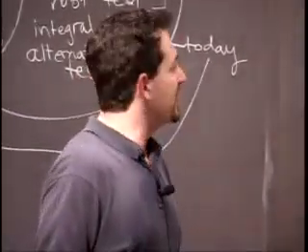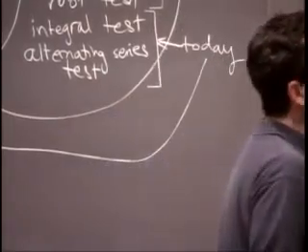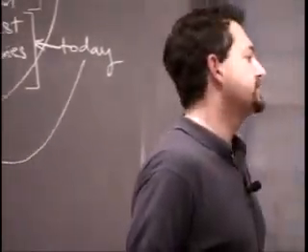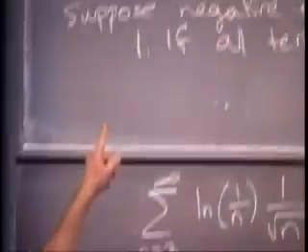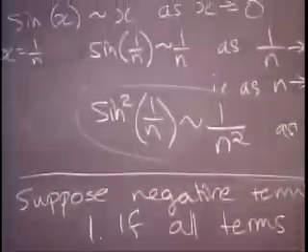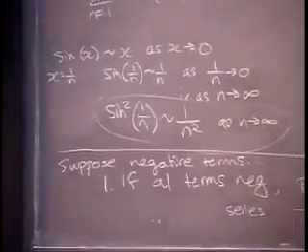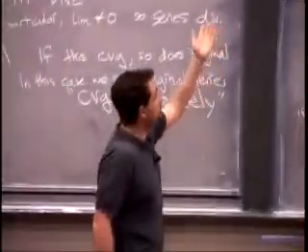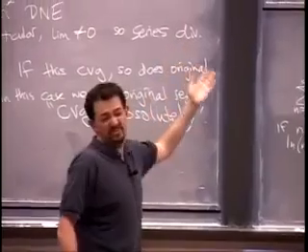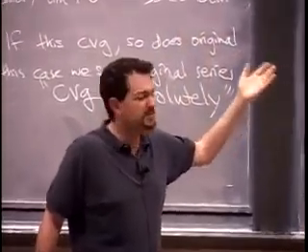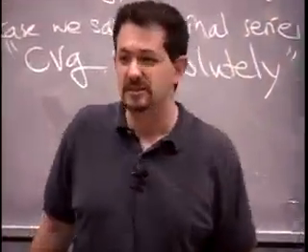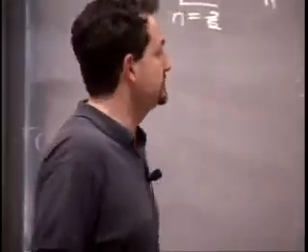So, in fact, any series that we wrote down that's all positive terms, such as that one up there, sine squared 1 over n, certainly all the terms are positive. Well, that converges, as we saw, so it also converges absolutely. It's not very interesting because all the terms are positive. Where it's interesting is where some of the terms are negative and some of the terms are positive.